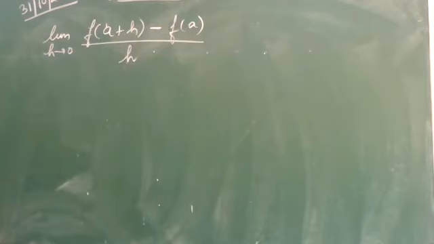And in general, this is what we are taking, we are finding out the derivative at some point. It will come soon. And we denote it as f dash a.